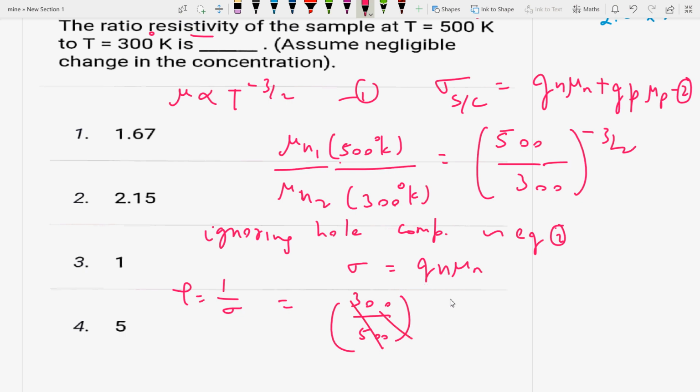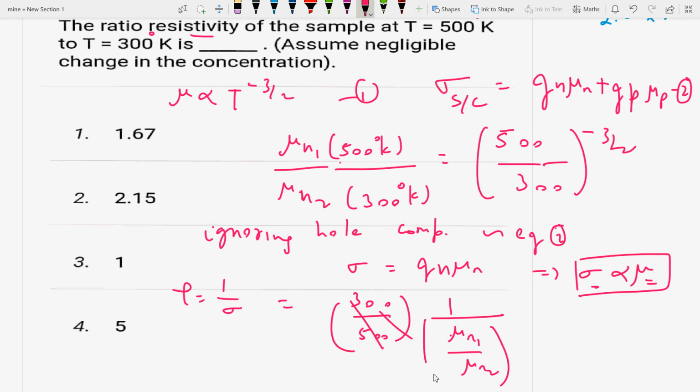Actually, mobility is directly proportional to the conductivity, right? So here you can write 1 by mu n1 by mu n2, and this is equal to 1 upon (t1 by t2) to the power minus 3 by 2.